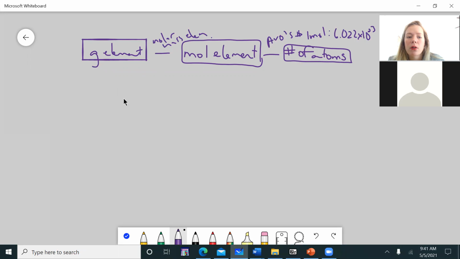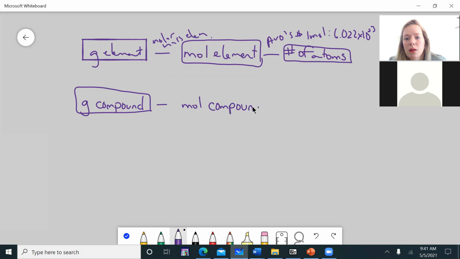Also, let's put a second row in here and put a compound of sorts. So grams of a compound can be converted into moles of a compound. And we do that using the molar mass of the compound.